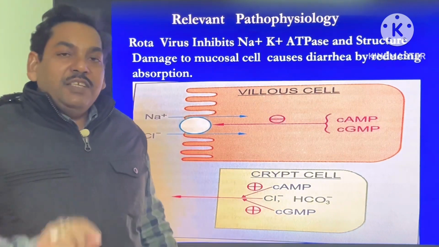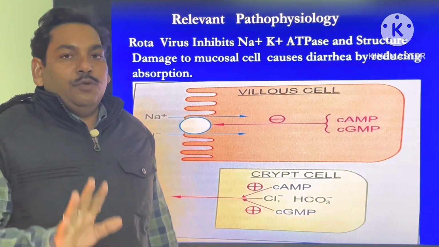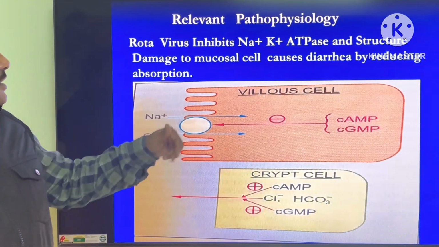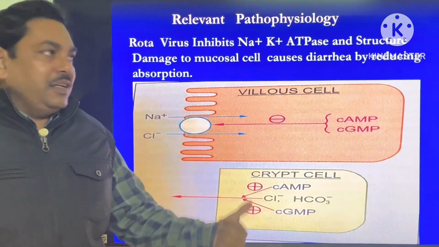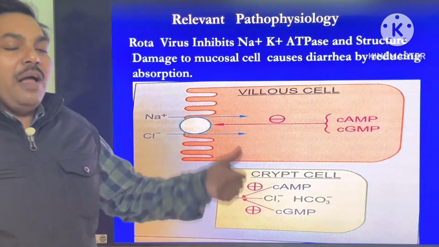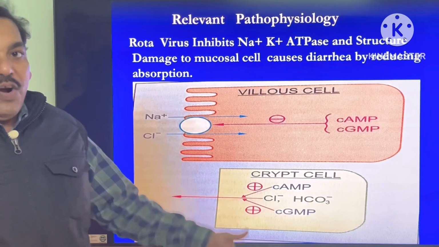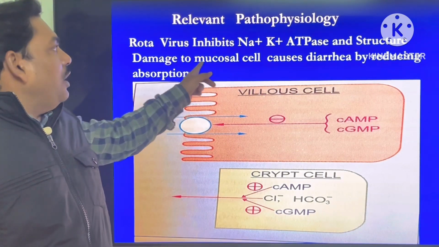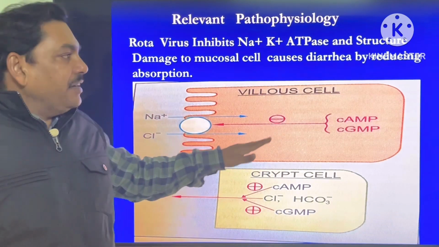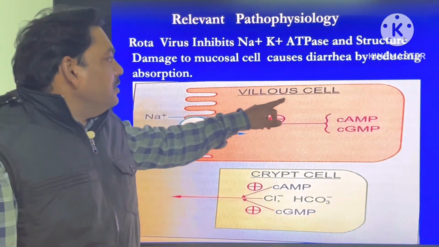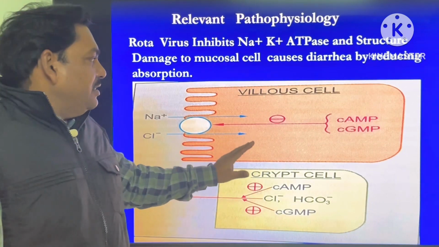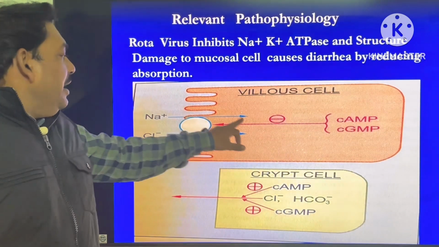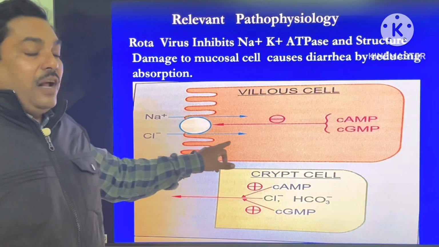First, severe diarrhea is induced by rotavirus. Rotavirus inhibits the sodium-potassium ATPase and structurally damages the mucous membrane of the intestine, causing diarrhea by reducing the absorption of water. Some other bacteria and fungi also act on cells in the intestine, stimulating cyclic AMP and cyclic GMP, which inhibit the absorption of sodium chloride.